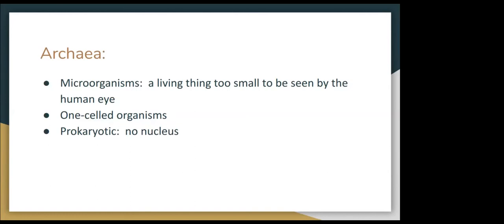But this DNA is in plasmids, or rings, inside of the cell. They do also have cytoplasm, ribosomes, and other parts of a cell. They just don't have the nucleus. Instead, they have something called plasmids. So that's cool.